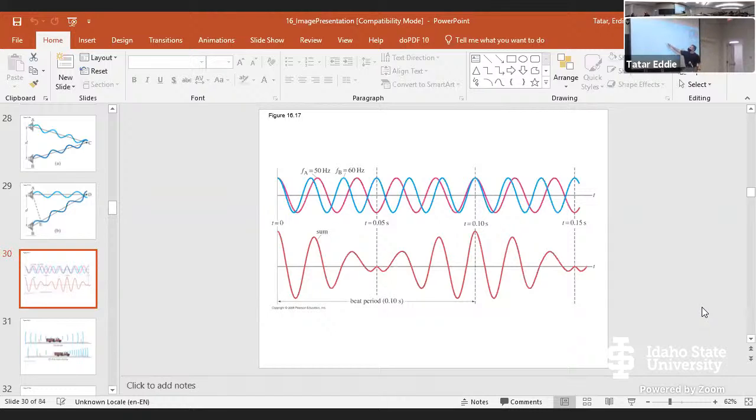The result is it is loud, dies out, loud, dies out. So this phenomenon is called beats. And we can, if we wanted, describe exactly the amplitude and the frequency of the beats. Yes?